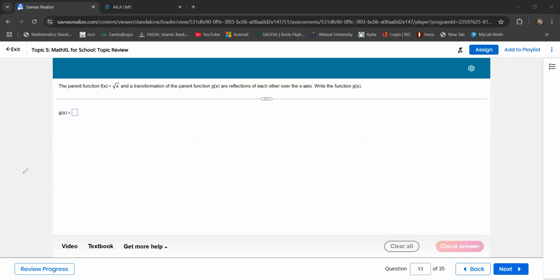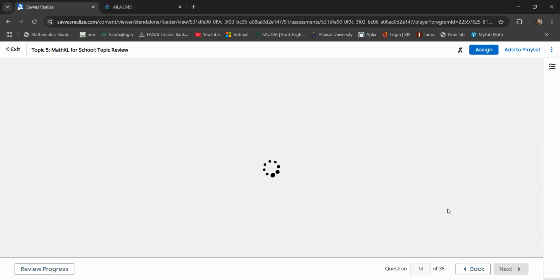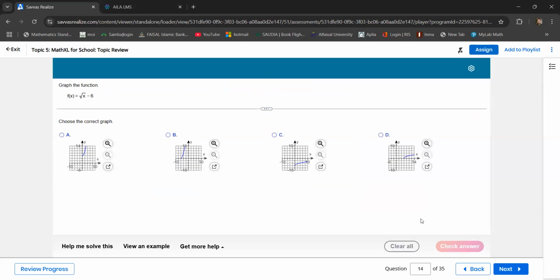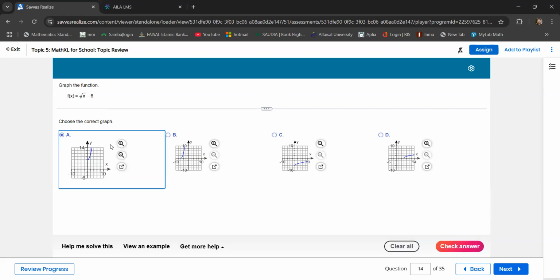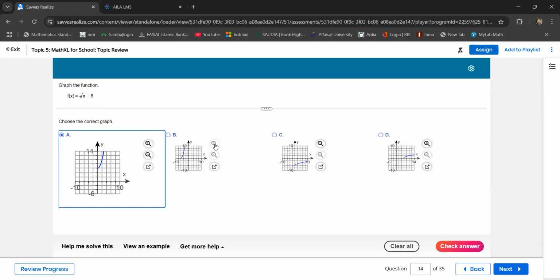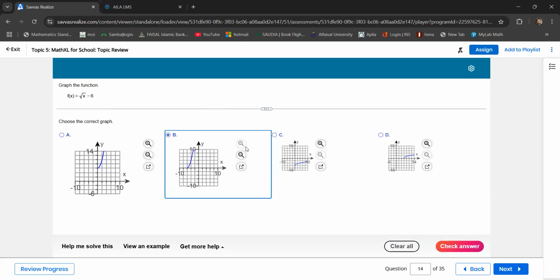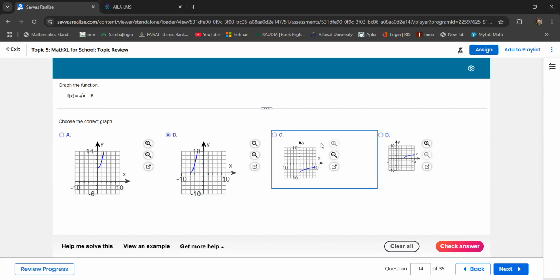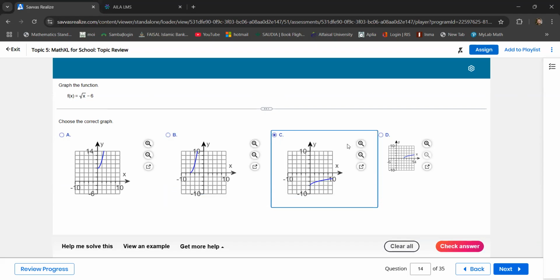Moving on. The graph of the function f of x equals root x minus 6. Is it A, B, C, or D? Of course, we can enlarge A to check, and we can enlarge C as well.